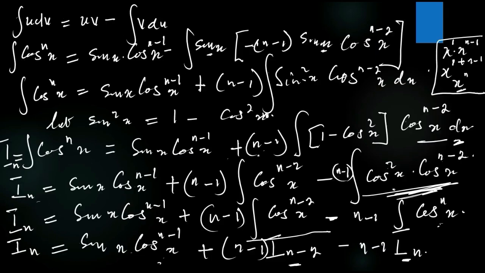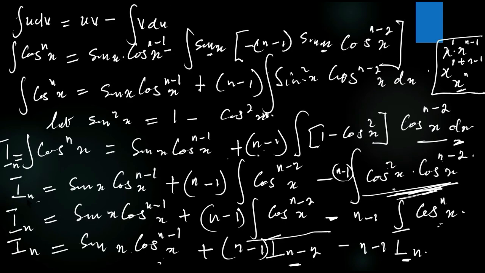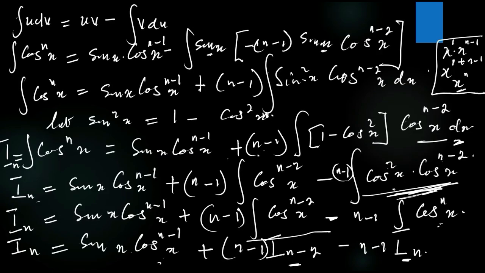Let me just look at it again. This is sine x cos x raised to power n minus 1, plus n minus 1 into I_(n minus 2), minus n minus 1 again into I_n.